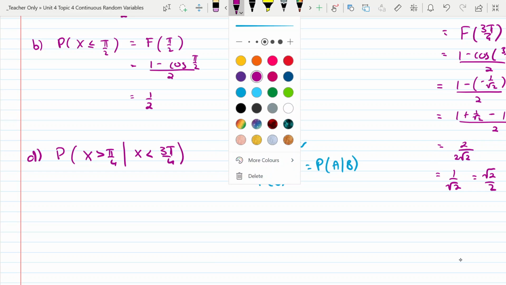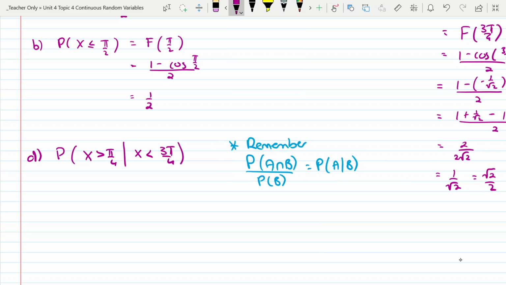So that means that what we're actually looking for is the probability of x being greater than pi on 4 and less than 3 pi on 4 over the probability of x being less than 3 pi on 4.